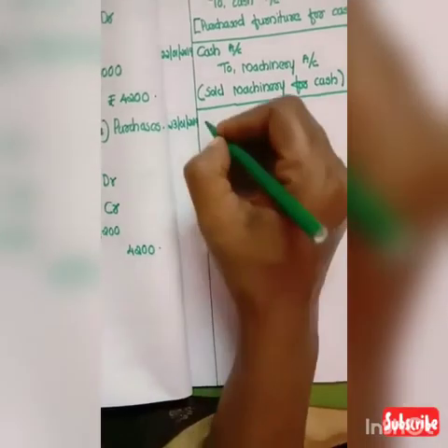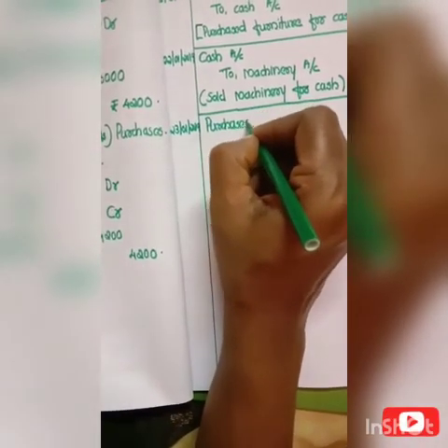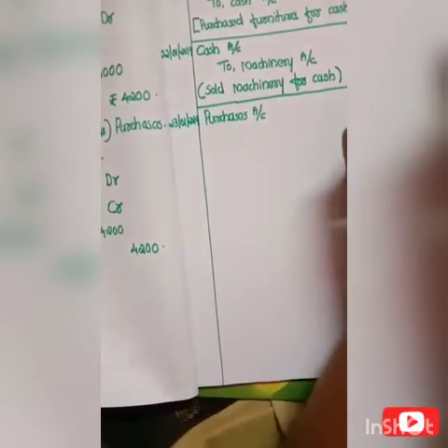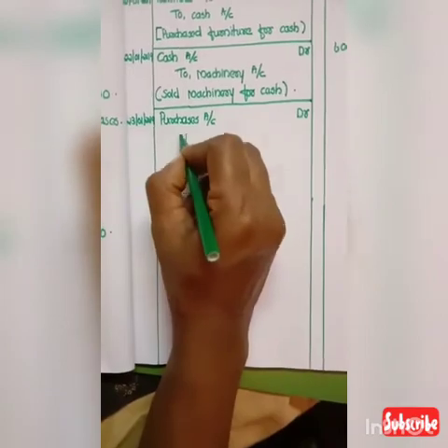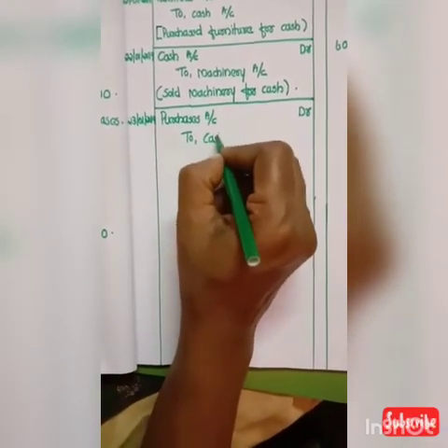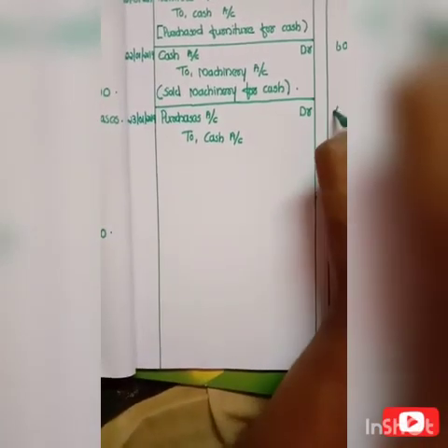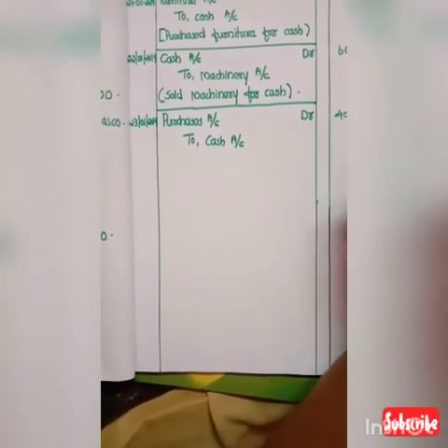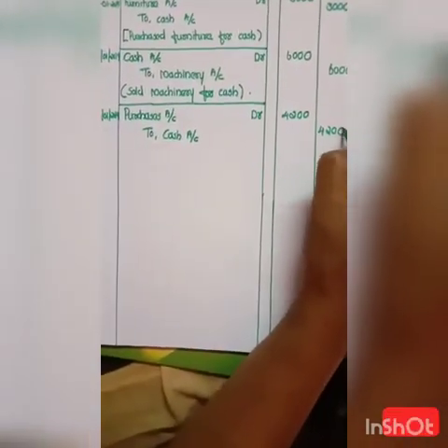So we write in the journal the next transaction, 23/01/2019: purchases account debtor to cash account. The debit amount is 4,200 and the credit amount is also 4,200.